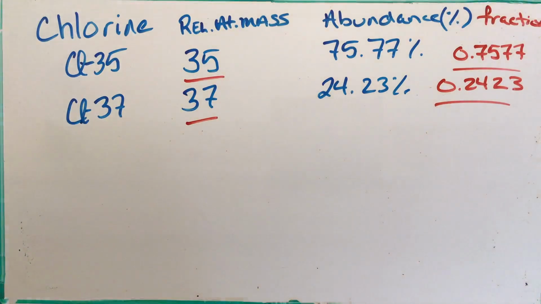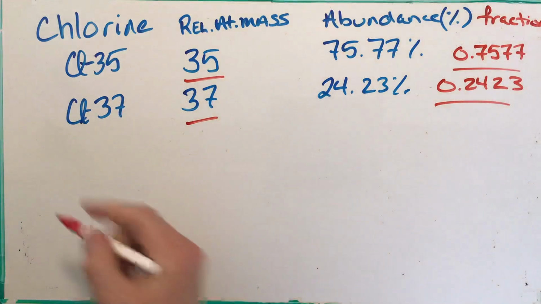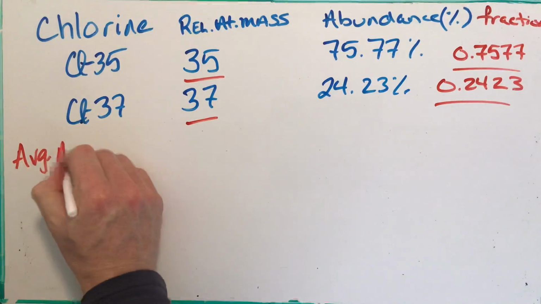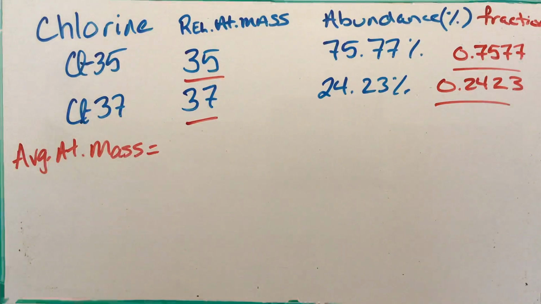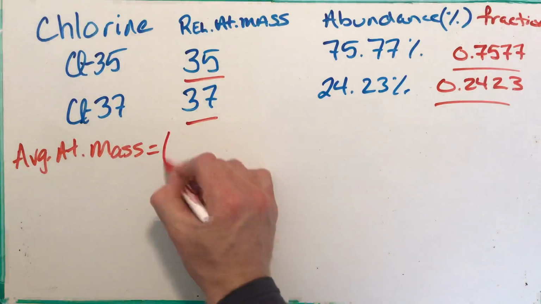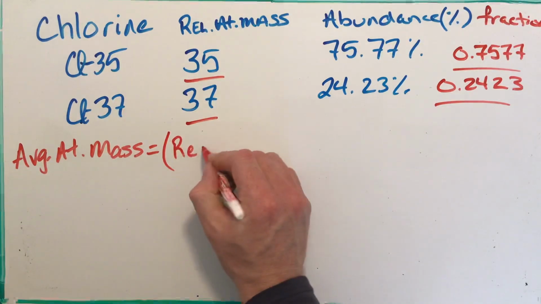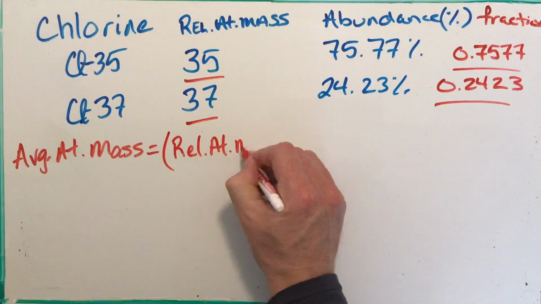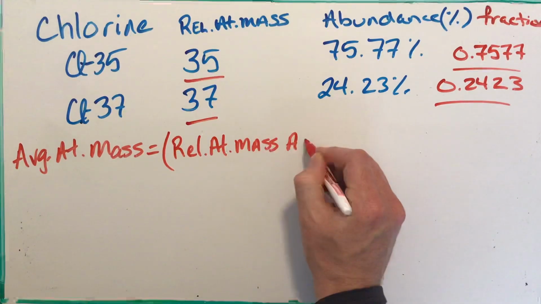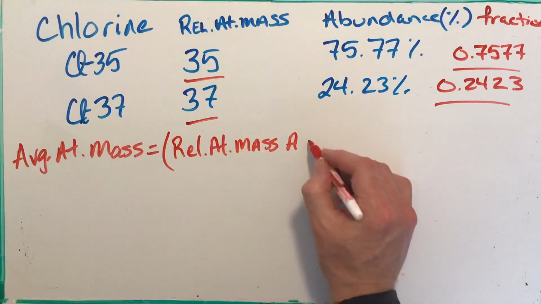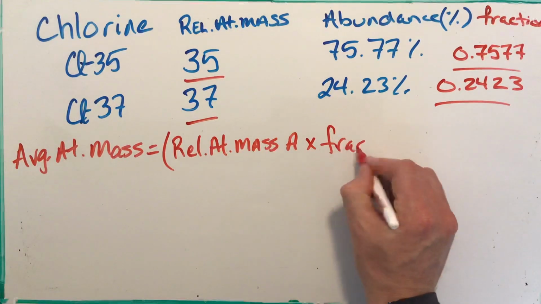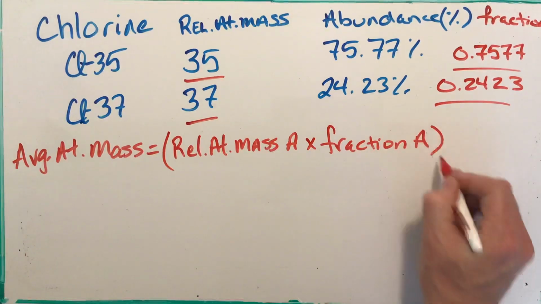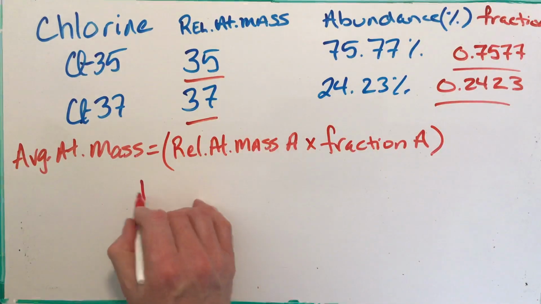All right? So what we're going to do for chlorine to figure out the average atomic mass is average atomic mass. Now this is the formula, and I'll show you kind of how it works. We're going to go to our first isotope, and we're going to take the relative atomic mass of isotope A, or form A of the element, and we're going to multiply it by the fraction of A. And then we're going to add to that.